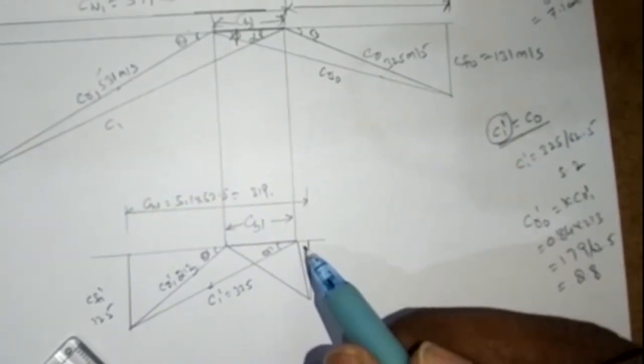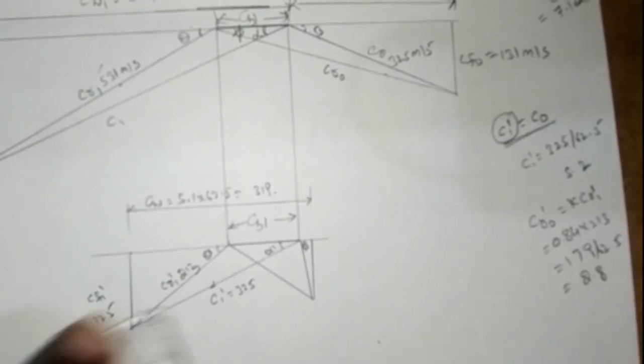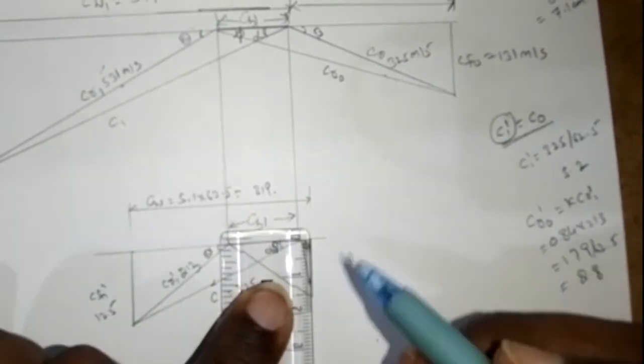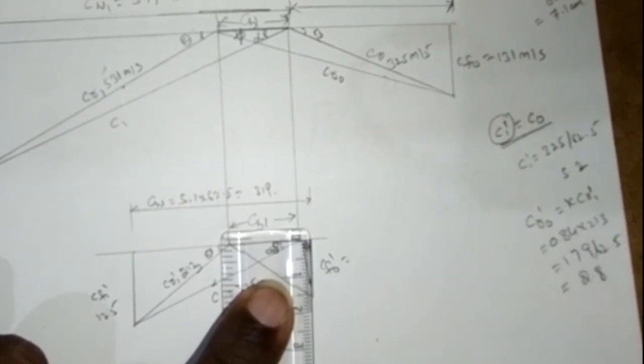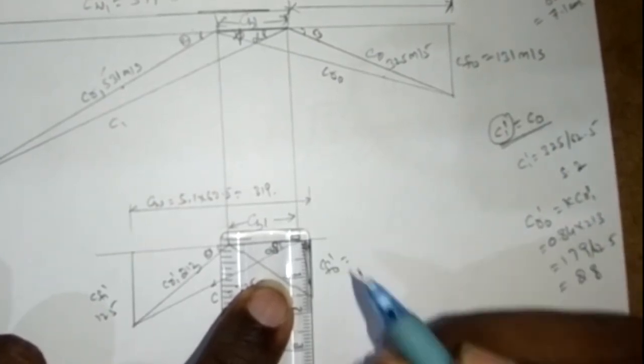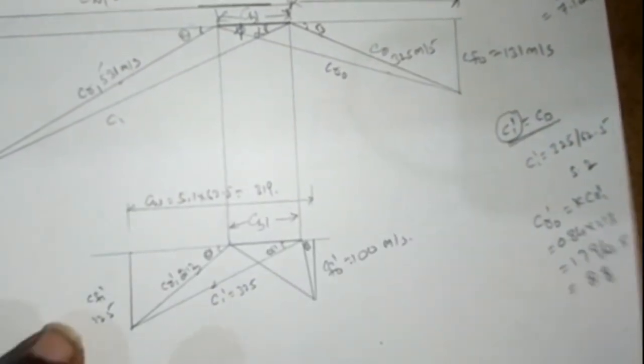Here this is beta dash. Here this is CF0 dash, 1.6 into 62.5, 100. Okay, so construction of the diagram is completed.